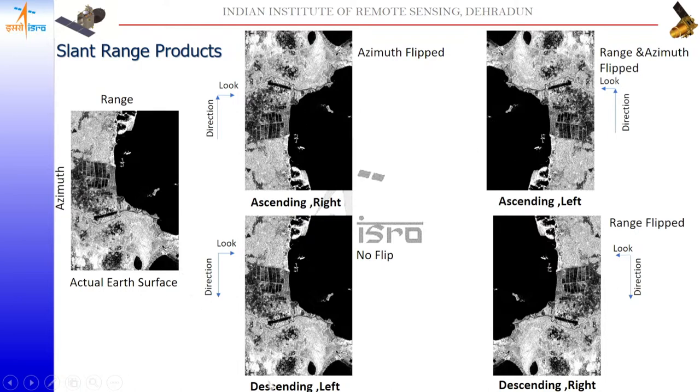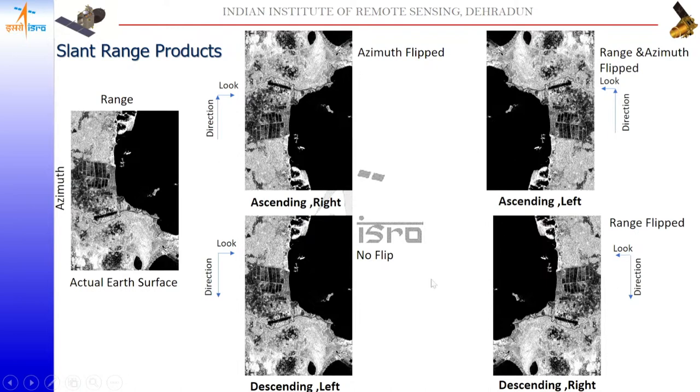If it is descending left, there will be no flip. You can see there will be no flip in the image. But in descending right, where you are going in this way and looking in this way, this part is imaged first, so it is written first.